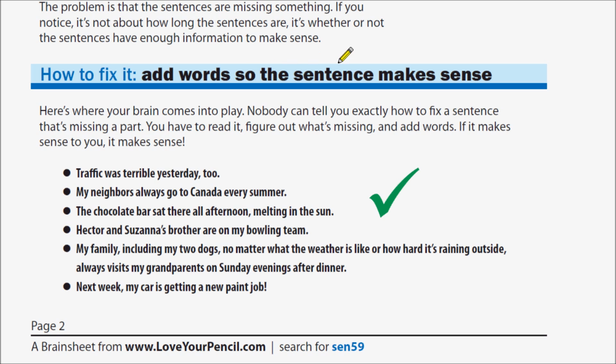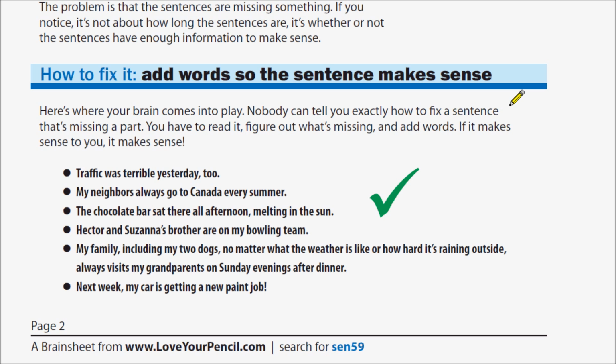You have to add words so the sentence makes sense, but this is where your brain comes into play. Nobody can tell you exactly how to fix a sentence that's missing a part. And the reason why is because there's an infinite number of sentences that you could possibly write. So if you say 1 plus 1 equals 3, then it's obvious how to fix that.